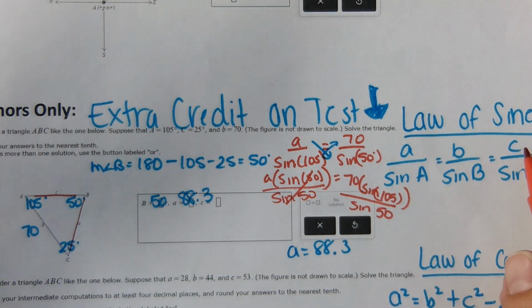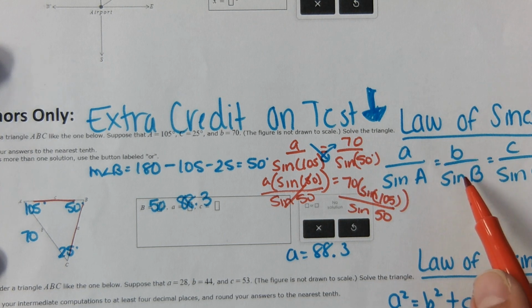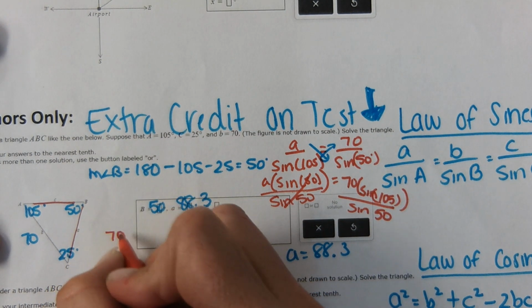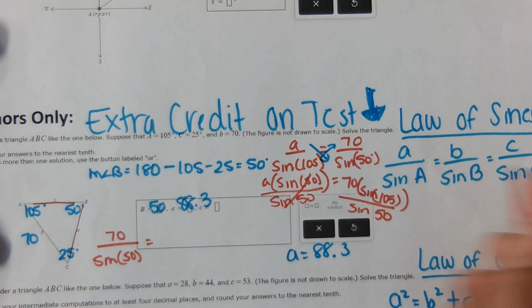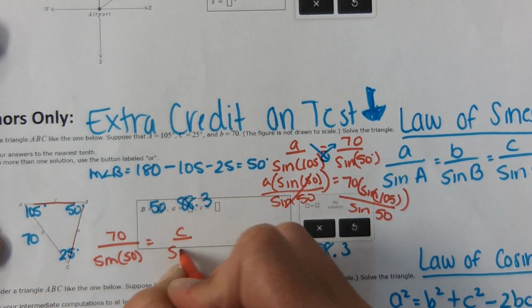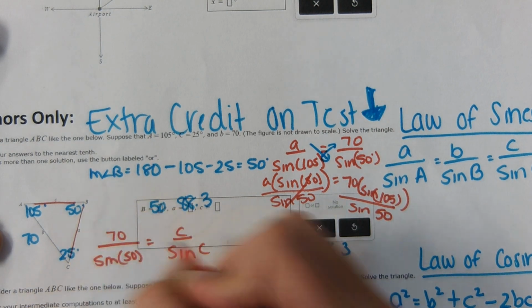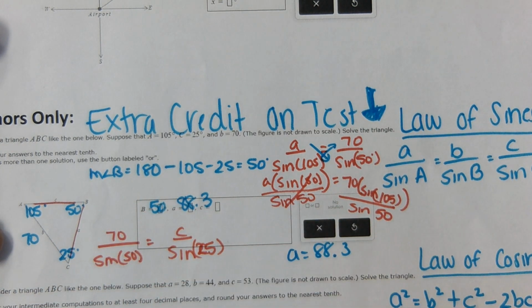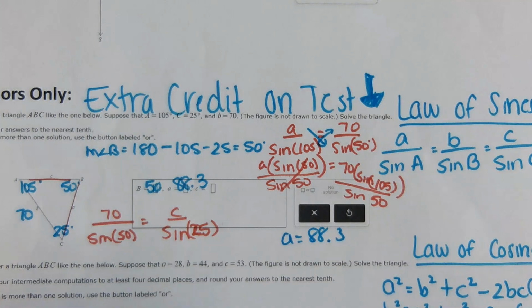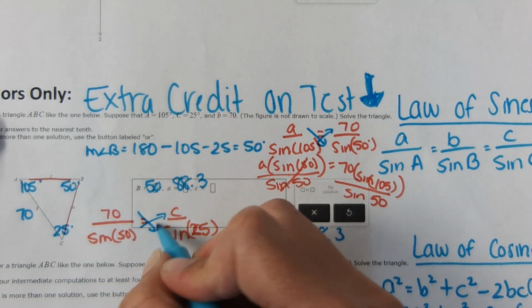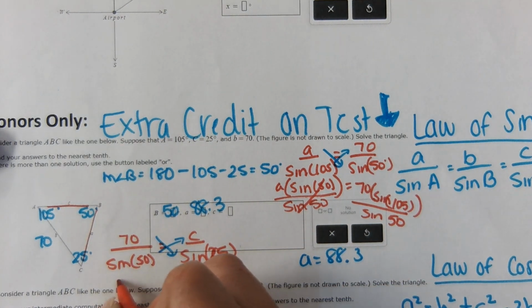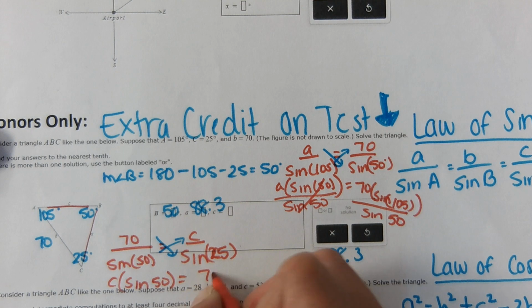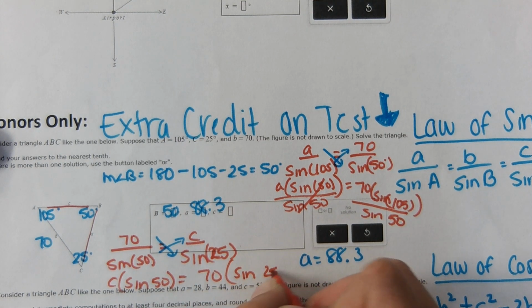Okay, so then for C, we'll set up a proportion again. B over sine of B equals C over sine of C, which would be 25. And then once you have it set up like that, you cross multiply. C sine of 50 equals 70 times sine of 25.